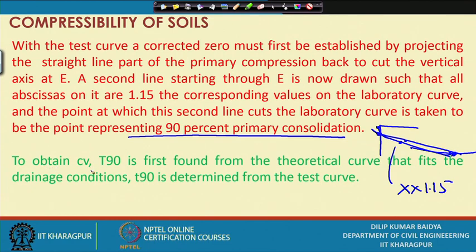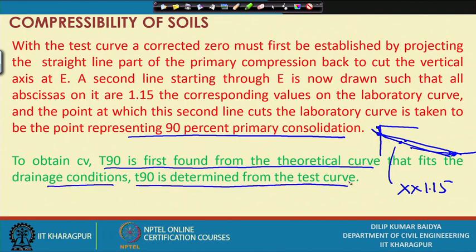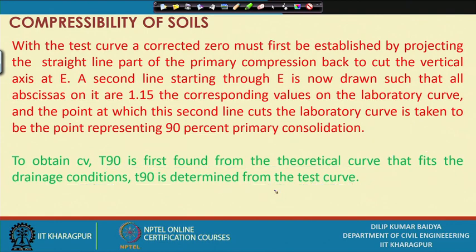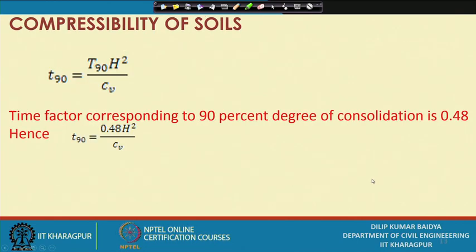To obtain CV, T90 is first found from the theoretical curve that fits the drainage condition, and t90 is determined from the test curve. You can see now this is a relationship we know: T equal to CV t by H square.